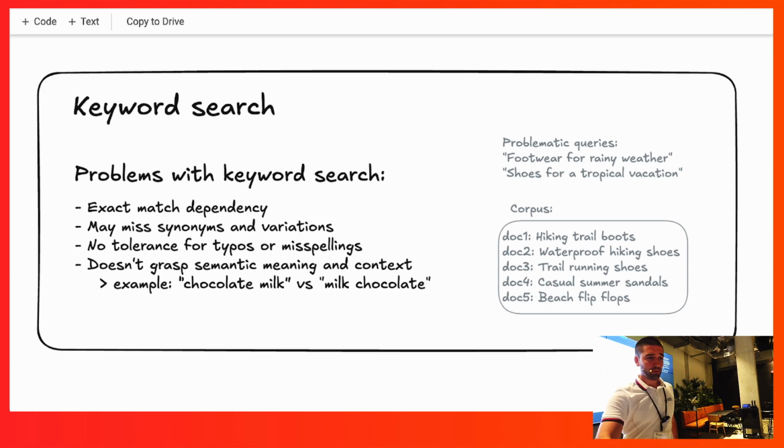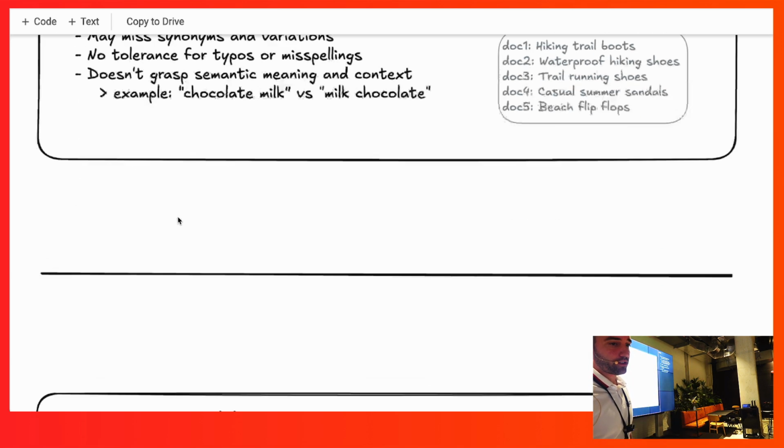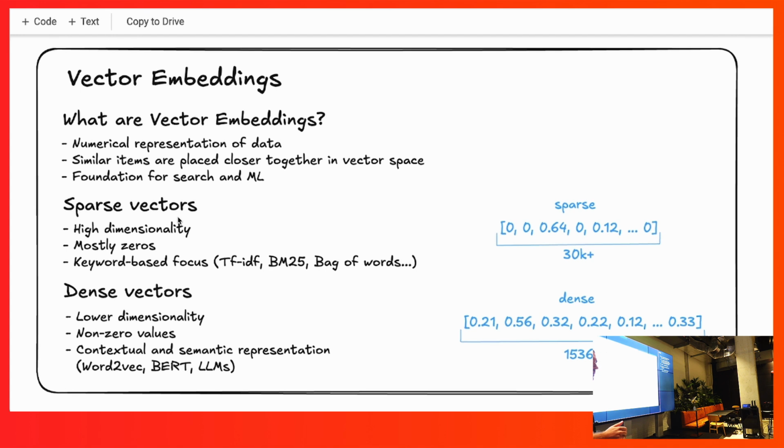So now let's move to vector embeddings, and let's go a step forward to solving this issue. What are vector embeddings? Vector embeddings are a numerical representation of data.